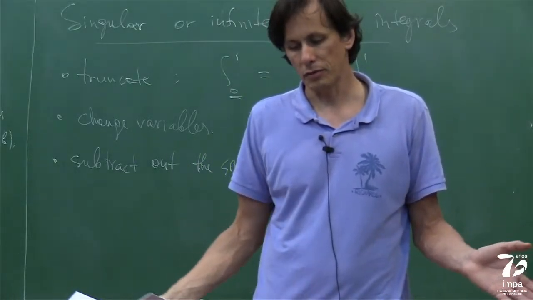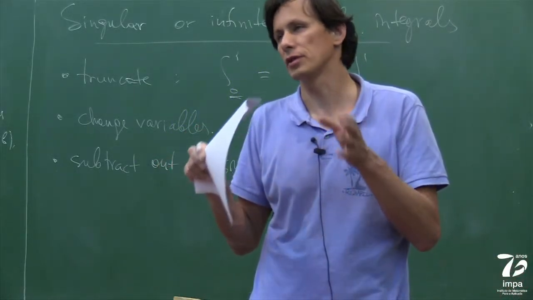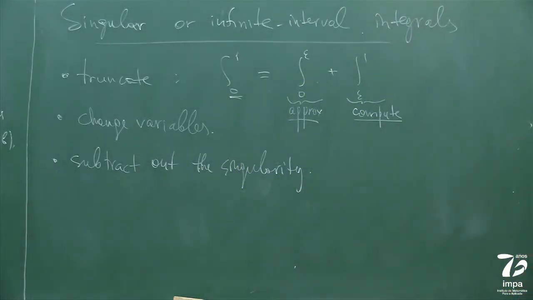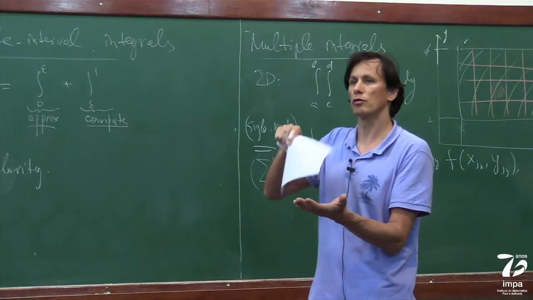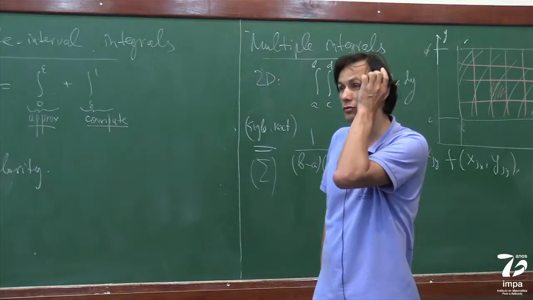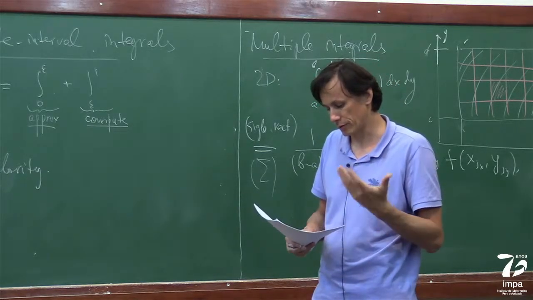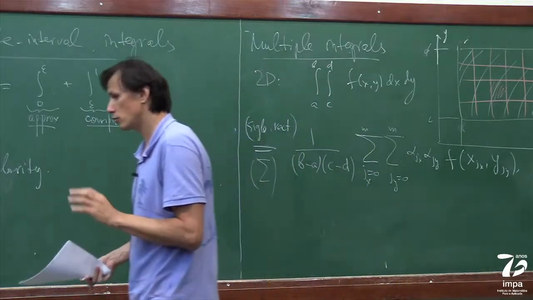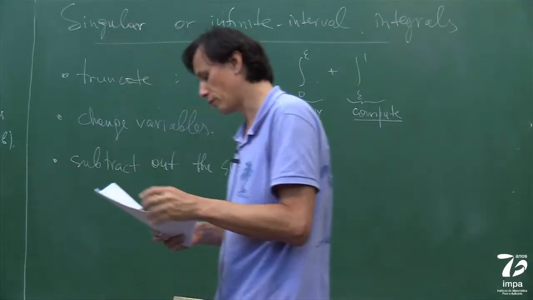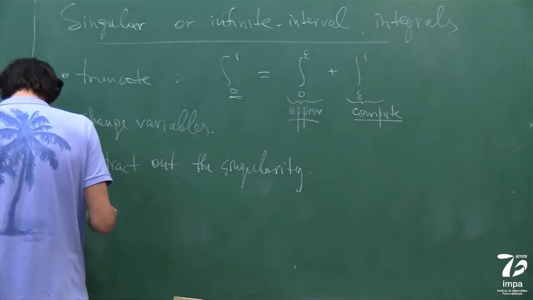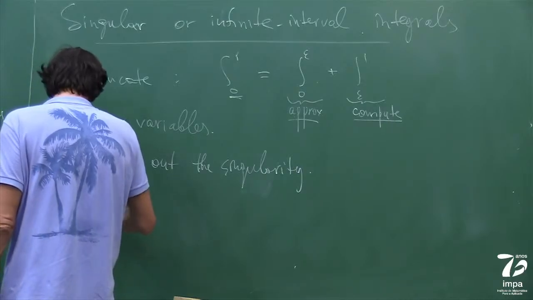If you integrate something where you know exactly what its singularity is, you can subtract a function whose integral you know, but which will cancel the singular part of the function that you compute. That's often a trick. Essentially, this can be used when you exactly know the nature and form of the singularity.